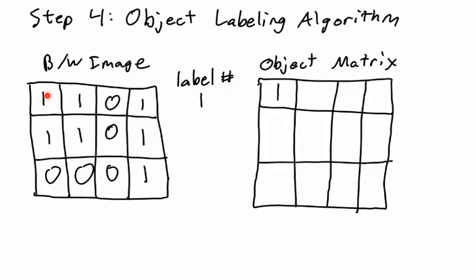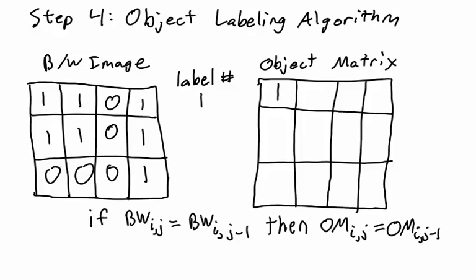I'm going to write this rule like this. If the black-white matrix element row I, column J, is equal to the black-white element row I, column J minus 1, then the object matrix element row I, column J, is equal to the object matrix element row I, column J minus 1.